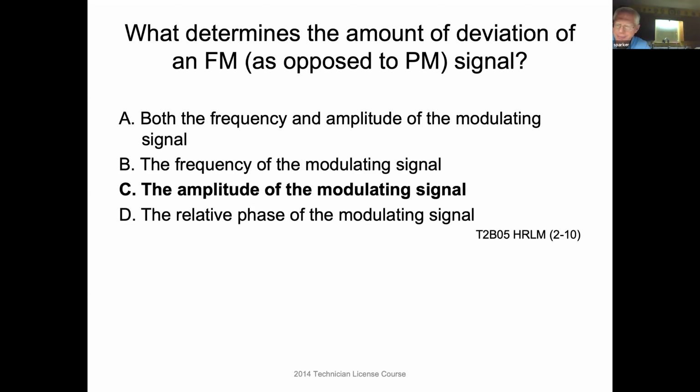But the frequency that she's singing at is not going to be reflected. It's the amplitude of that signal that she's singing at that changes the frequency of the carrier to a higher level and a lower level in the peaks and valleys of her sine wave.